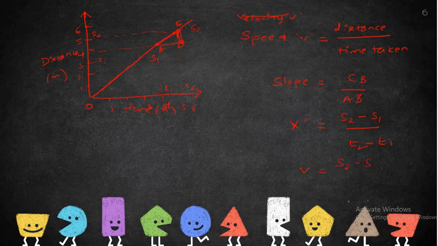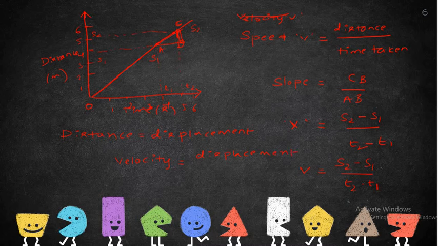Why am I saying speed or velocity? See, if the distance covered by the object is equal to the displacement, I need to write this here. This point is important. If distance is equal to displacement, then the slope, or the speed, is equal to velocity. That is, velocity is nothing but displacement by time taken.